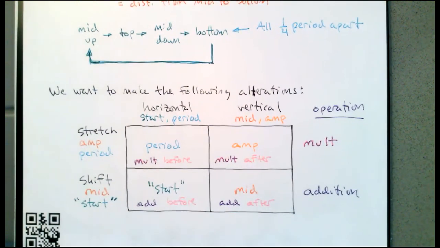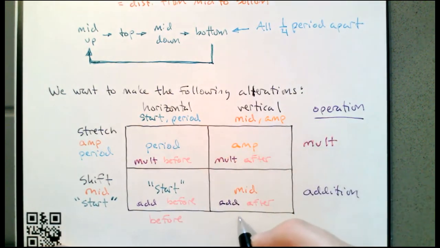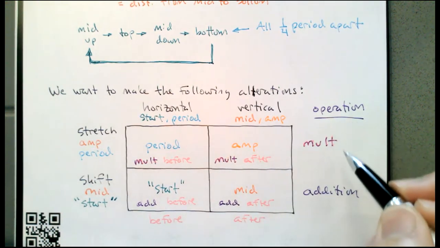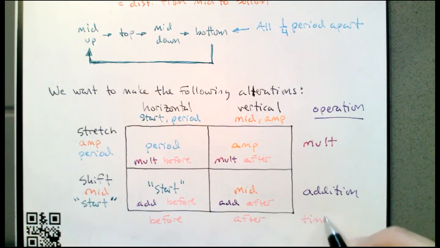We get vertical changes when the operation happens after the trig function, and we get horizontal changes when the operation happens before the trig function. So horizontal changes are operations before. Vertical changes are operations after. So we need to worry about the operation, multiplication or addition, and the timing, before or after.